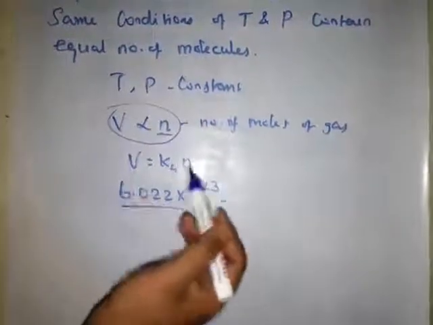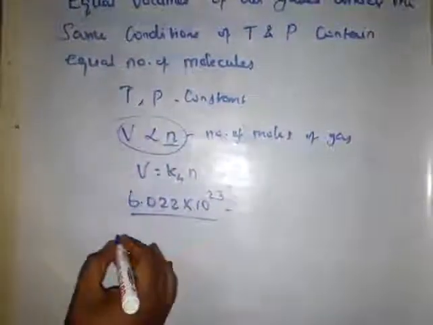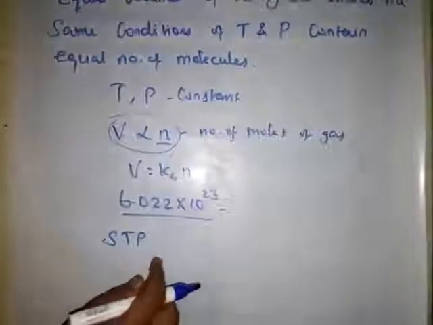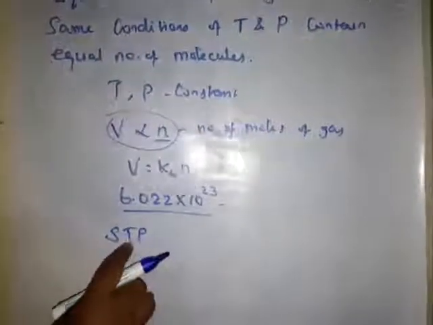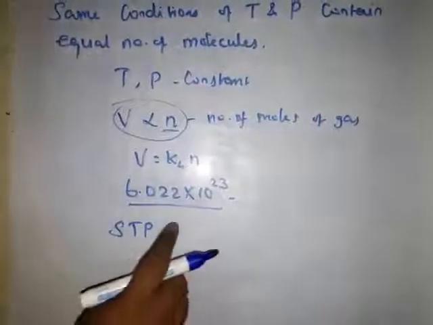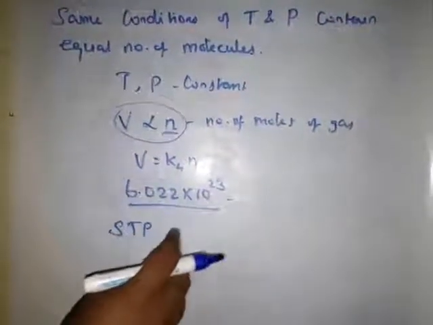So 1 mole of each gas at STP, that is standard temperature and pressure, will have the same volume.